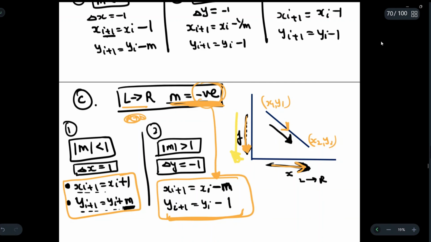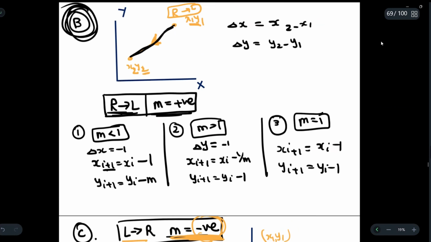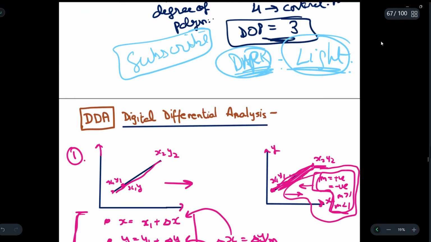And remember that the value of m is negative. Now in the second case we took m greater than 1, so over here del y will be equal to minus 1, and so we have taken x i plus 1 as x i minus 1 by m, which will eventually become plus because m is negative, and we have decremented y as we had wanted to because we are moving from top to down. So these are the three cases that we had discussed.